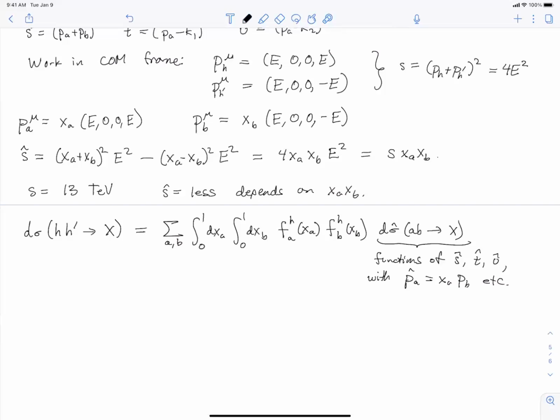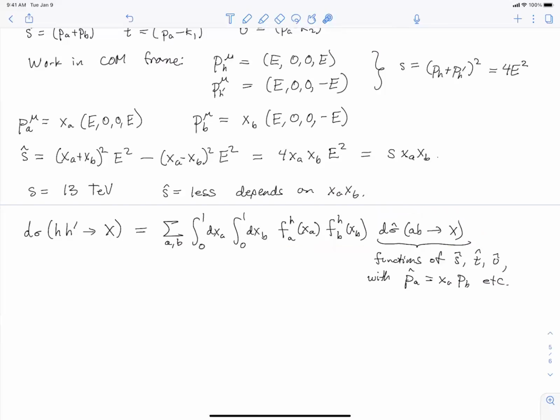Next time, we'll talk about some examples of doing this in practice, but basically you need to find or calculate a lot of parton level differential cross sections. You need to get a computer program that's going to give you the parton distribution functions.